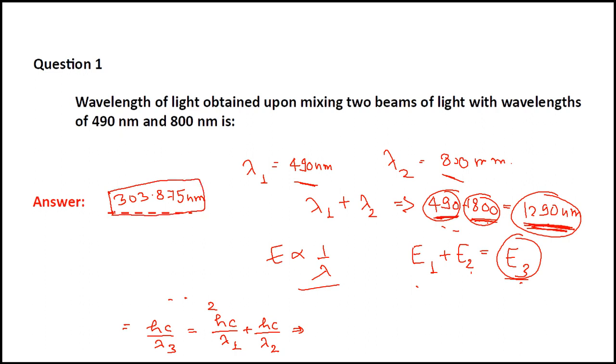I suppose since this is an easy question, which no one would have doubts about, maybe we should try one more question related to this, where we'll put different values of wavelengths, and just try it a bit once more.